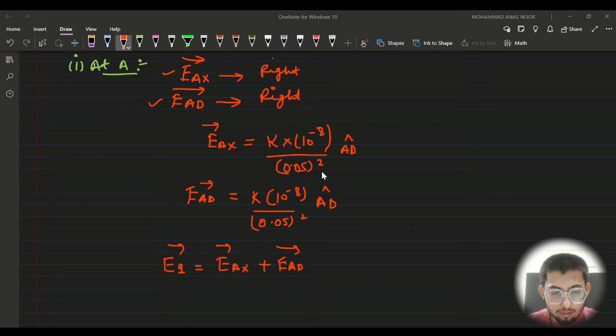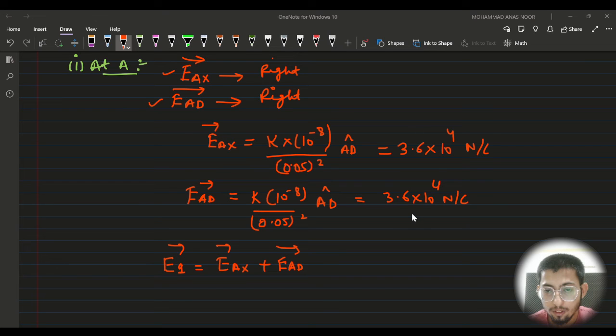It's simple, you can just add them. So I can see that this answer was coming around to be 3.6 into 10 to the power 4 Newton per coulomb, and this is also the same 3.6 into 10 to the power 4 Newton per coulomb, correct? And with AD unit vector.